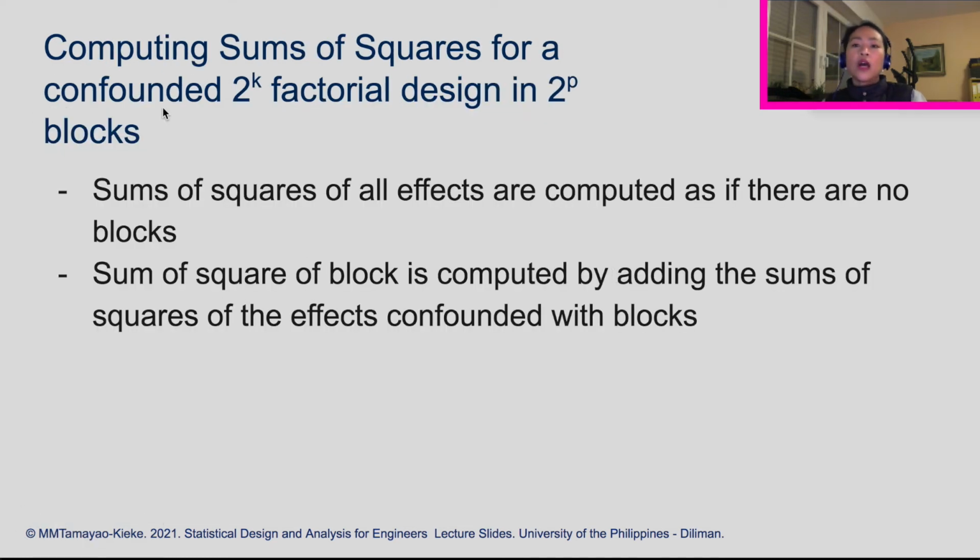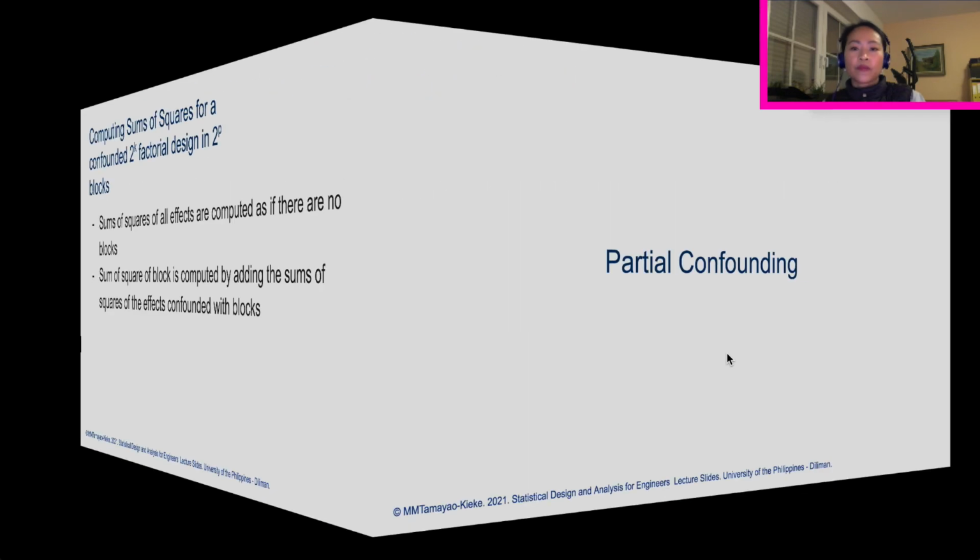Now let's talk about how to compute sums of squares for a confounded 2 to the k factorial design in 2 to the p blocks. The sum of squares of all the effects are computed as if there are no blocks, as I mentioned earlier. And the sum of squares of the block is computed by adding the sums of squares of the effects confounded with the blocks.